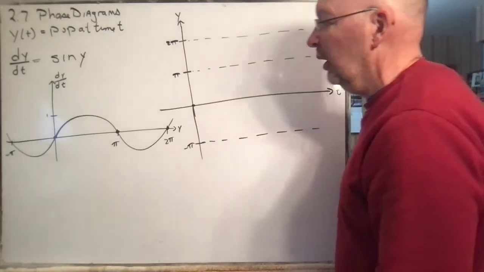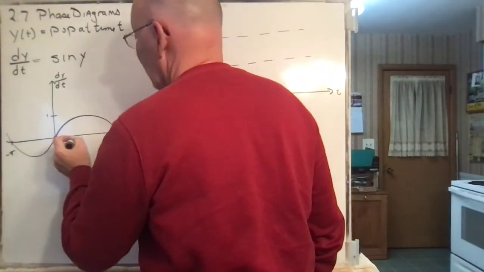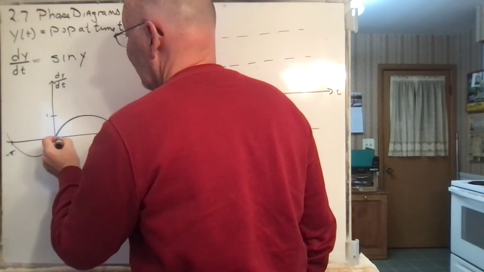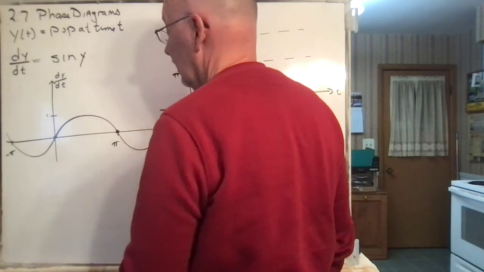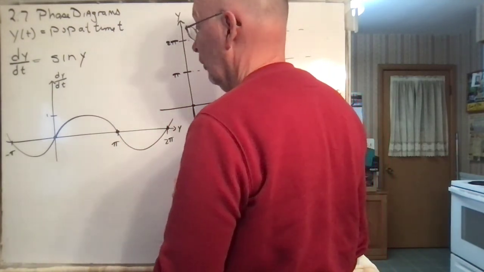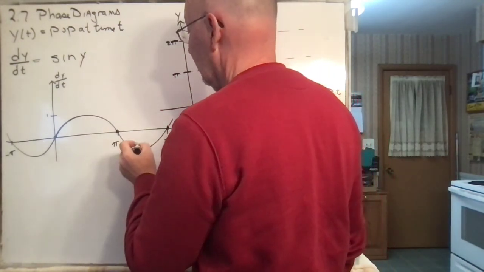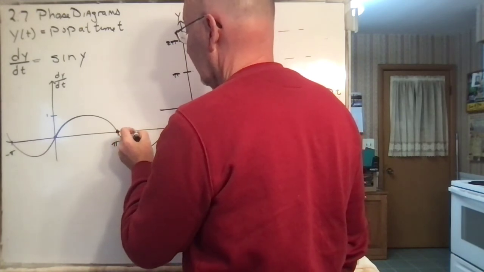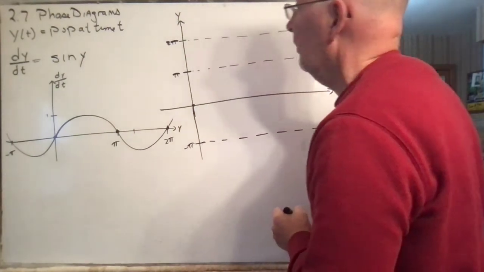On the other hand, what happens if we start at this value? Let's do one a little different than the ones I've done before. Let's start with this one right here, for example. It's a value between pi and 2 pi.